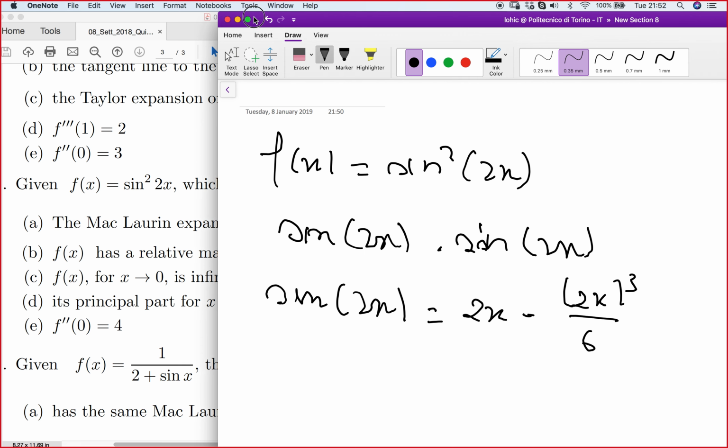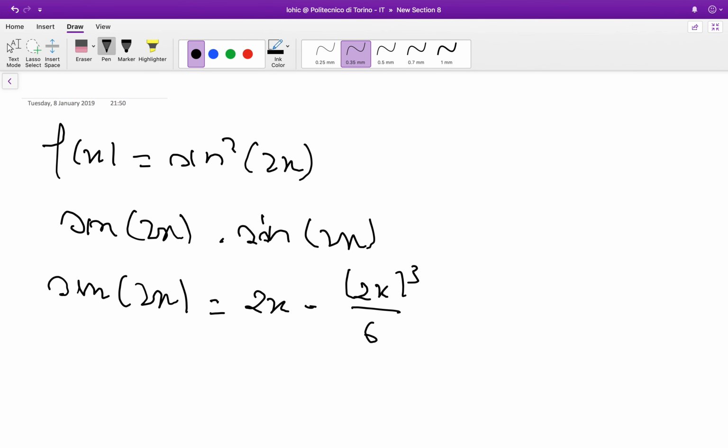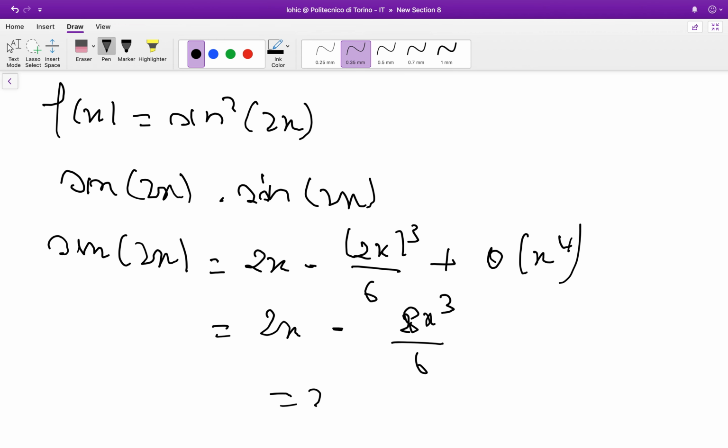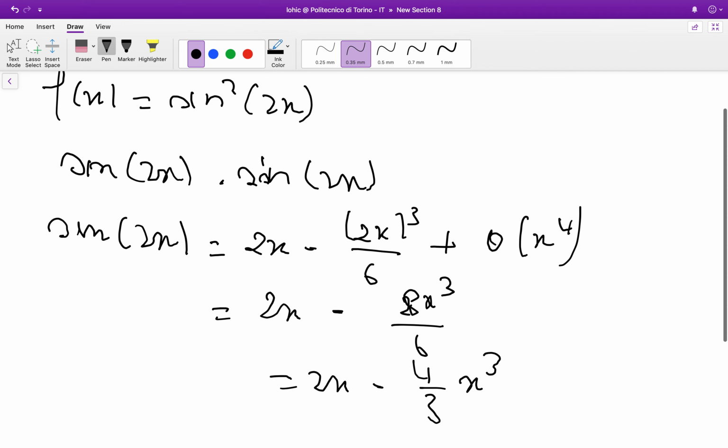If I expand again, I would have to add the quantity to the power 5, but this is too much because I need only order 4, right? So I just write plus little o of x to the power 4. Now this is just for one sine, so we can write it like 2x minus 8x cubed over 6, equal to 2x minus 4 over 3 x cubed, right?